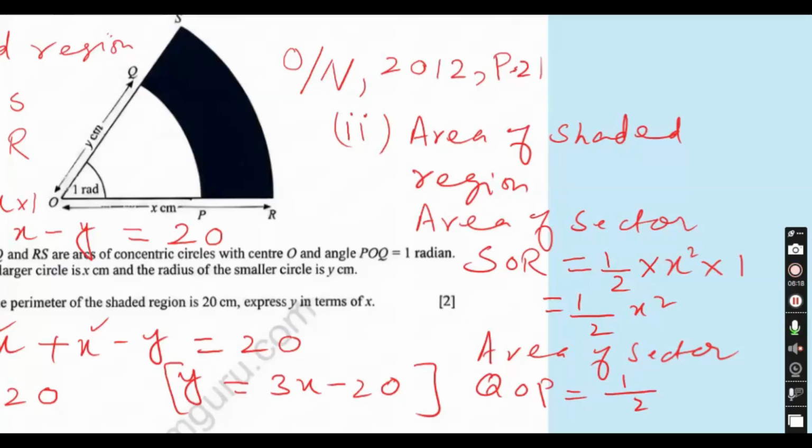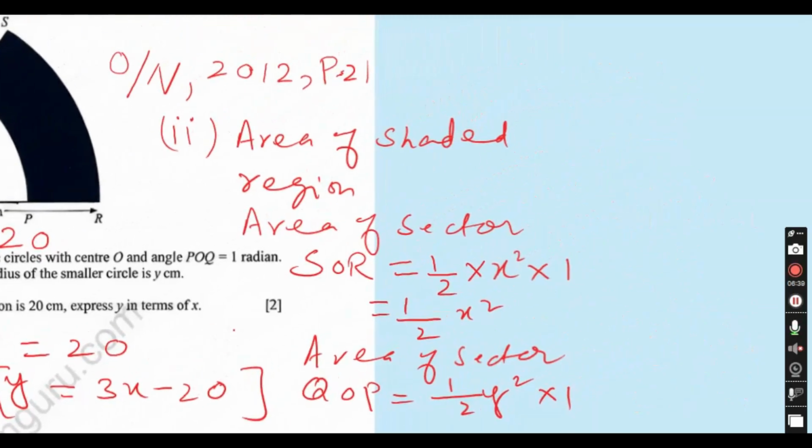The radius of the small sector is y square into 1. So it is 1 upon 2 y square. Now find the area of the shaded region.